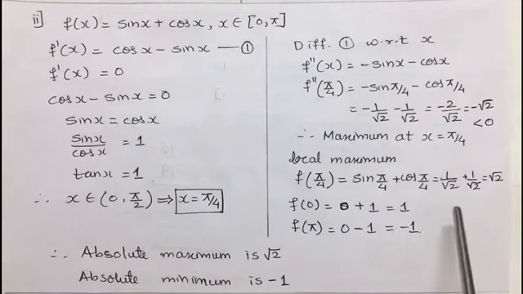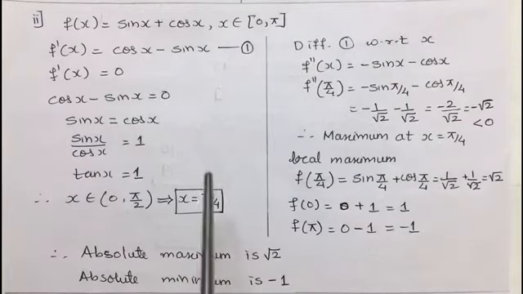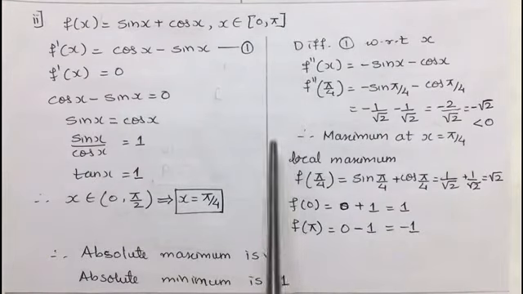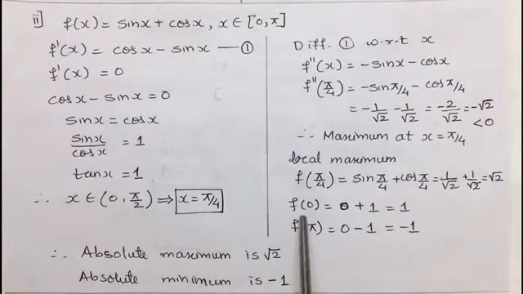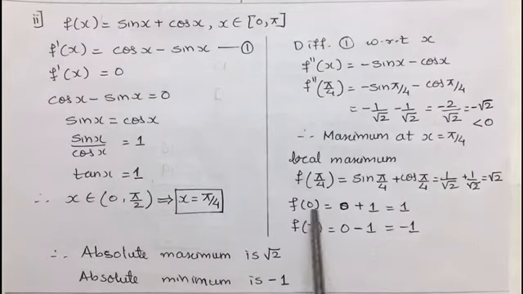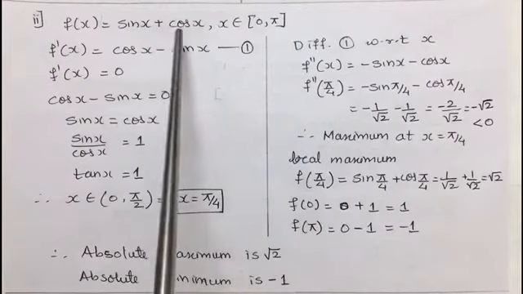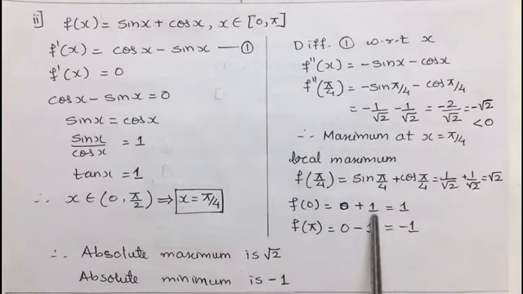Now we have to go for absolute maximum and absolute minimum. So as it is a closed interval given, 0 to pi, we'll be keeping the value of x as 0. So f of 0, sin 0 is 0, cos 0 is 1. So 0 plus 1 we got 1.